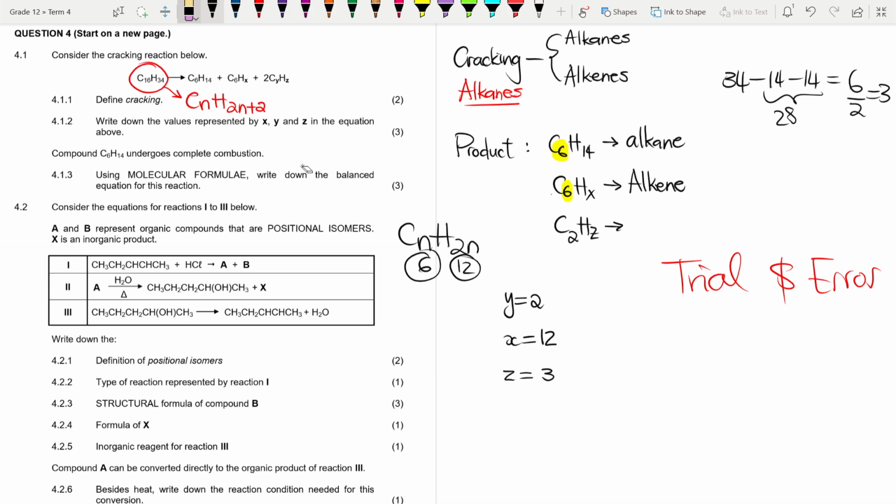Then we work out what Z is equal to by subtracting 14 and 12 from the number of hydrogens, 20. Remember, 14 is already given, 12 is what we figured out, and we are looking for Z.